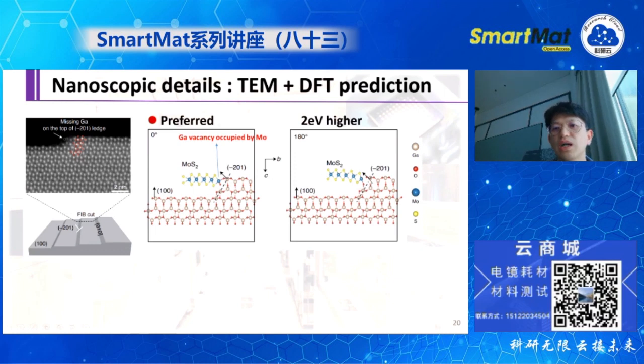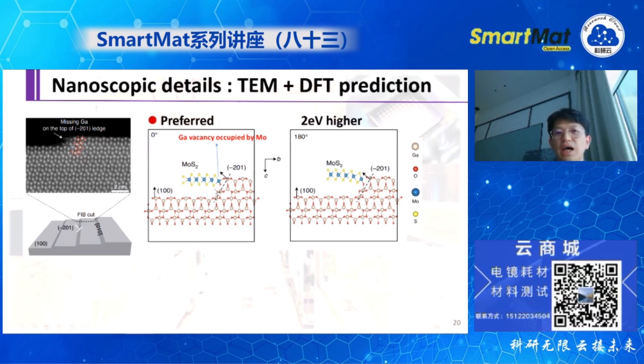So these two scenarios actually have very different energy. The left-hand side is much lower compared with the right-hand side. So therefore, once the Mo attaches to the oxygen, they form the bonding to the upper side oxygen. They actually already control the orientation of the MoS2. On the right-hand side, this is 180 degrees, and left-hand side is 0 degrees.